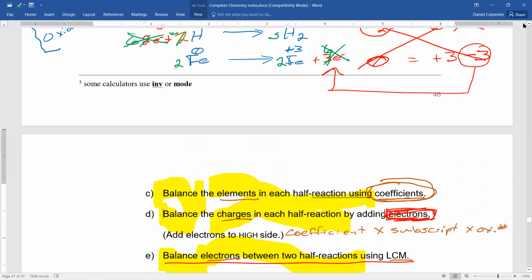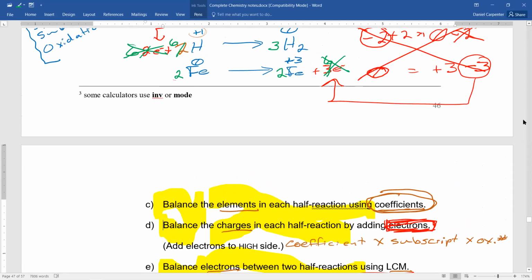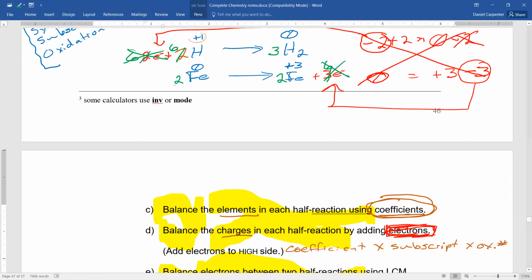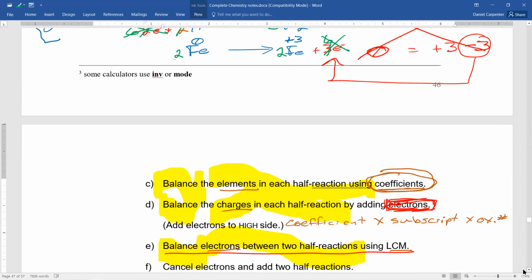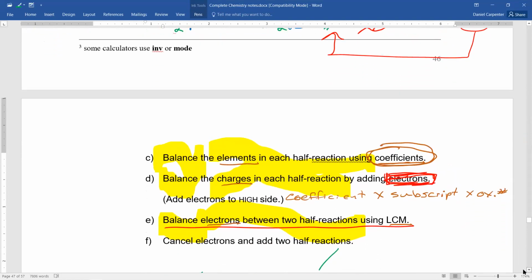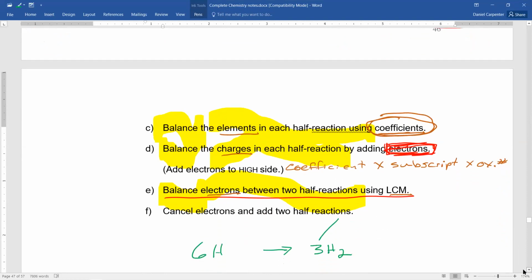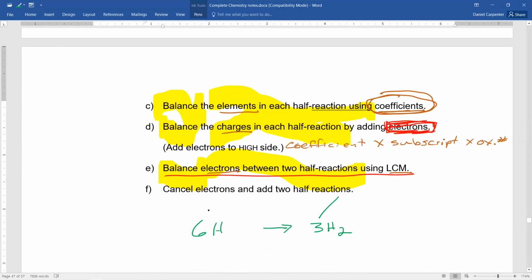So it was +1 and 0. And then I had my irons.